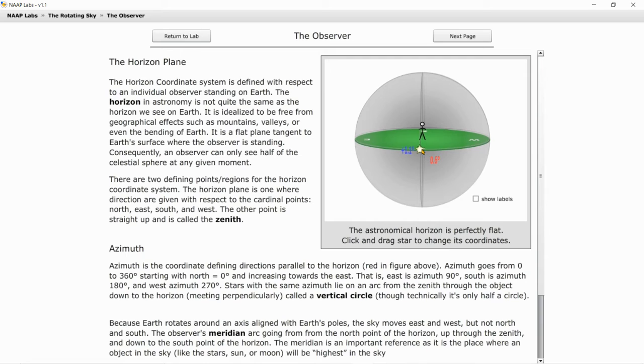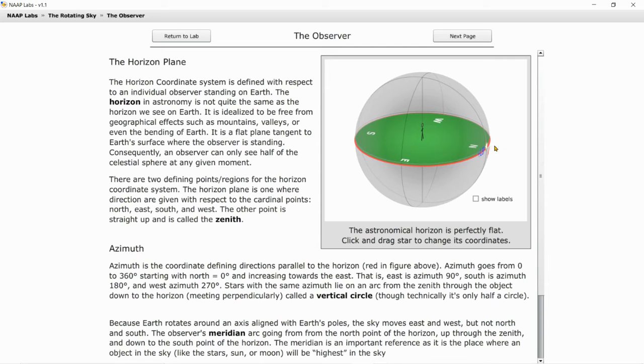Now, I'm pretty close to north. It's not exact, but it's close, and I can move it around a little bit here and there with my mouse. We can try to get it exactly at 0, but that's going to be hard. So 0 all the way around to 360. And you can see it's almost at 360 now.